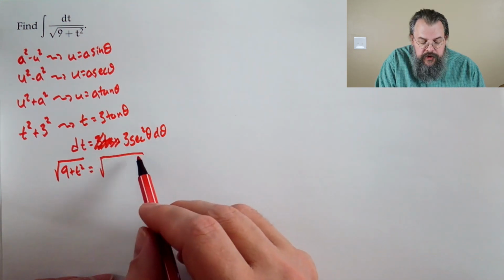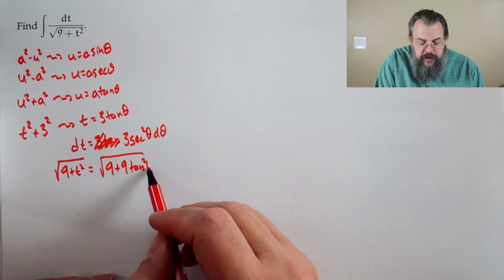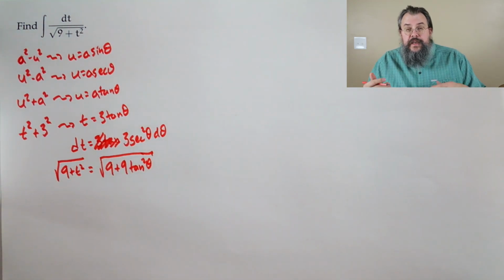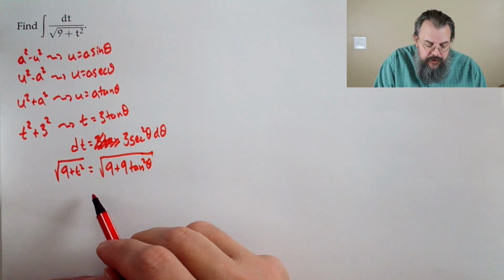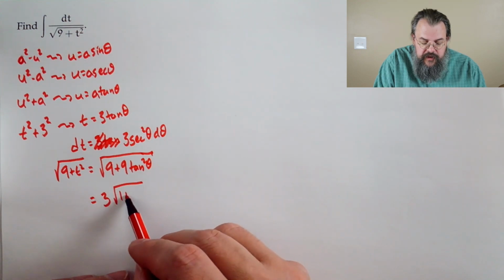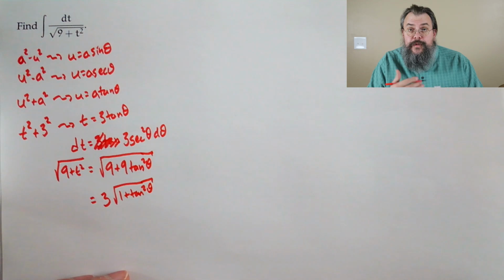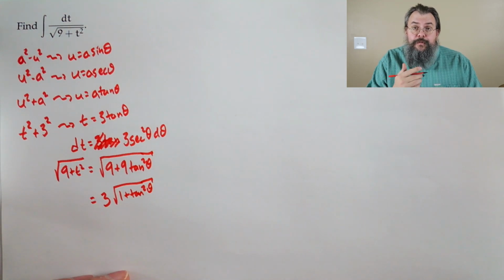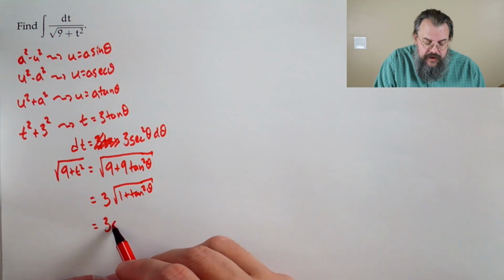Well, that's the square root of 9 plus 9 tangent squared. Now, the nice thing is, of course, both terms have a 9, so we can pull that out. And the square root of 9 becomes 3. Square root of 1 plus tangent squared. Well, that's where we pull out our Pythagorean identities. 1 plus tangent squared is secant squared. And square root of secant squared is secant.